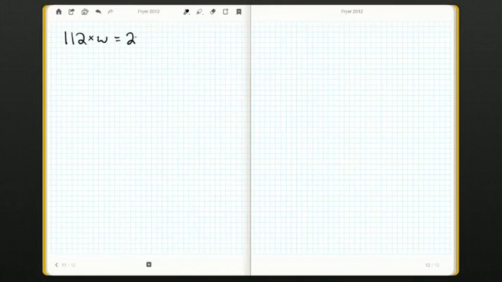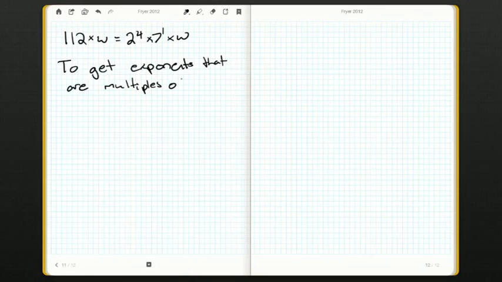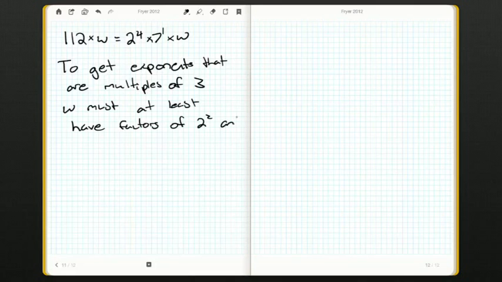112 times w, well, that's 2 to the 4 times 7 to the 1 times w. So in order to get exponents that are multiples of 3, we have to at least have factors of 2 to the 2 and 7 to the 2.